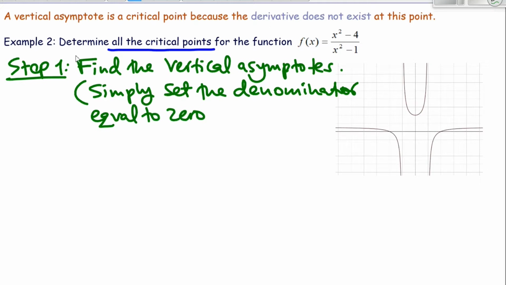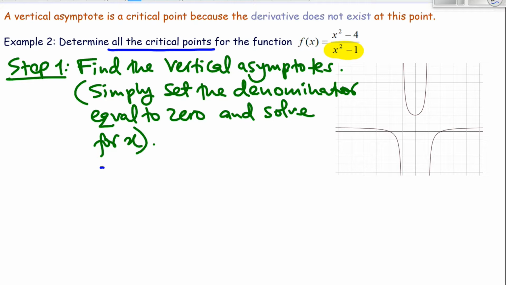That's the method on how you find a vertical asymptote from your previous experience on functions. The denominator here is this guy here, so you're just going to equate that to 0.